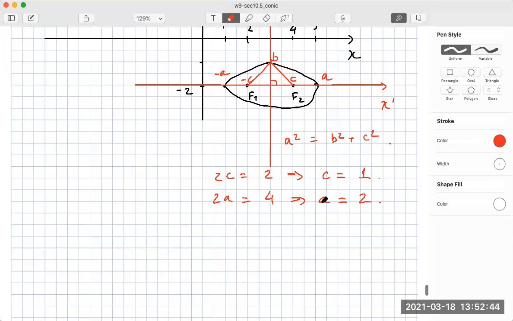And the Pythagorean theorem tells us that a squared equals b squared plus c squared. So a and c are given, right? Therefore, we can compute b, right? And what is b? b squared is a squared minus c squared, right? We subtract c squared from both sides. So, finally, what is it?